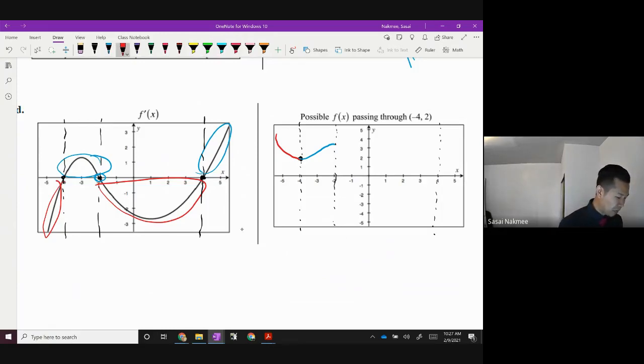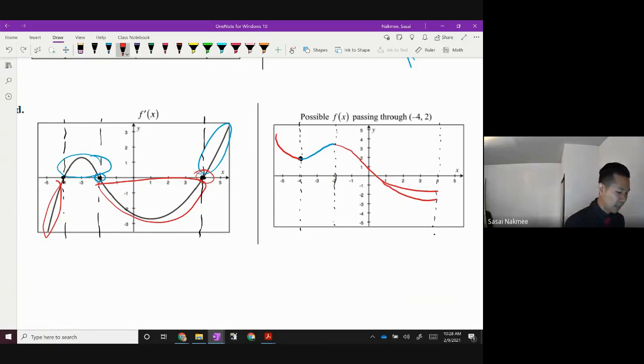From -2 to 4, it's just a big chunk of negative. So it's just a big chunk of going down, right? Going down, going down, going down until there, right? How do I know it's still there? Because I know it flattens out here. How do I know that it flattens out there but not here or here? I don't know. I kind of just sketch my curve as best as I can so that it reaches there.